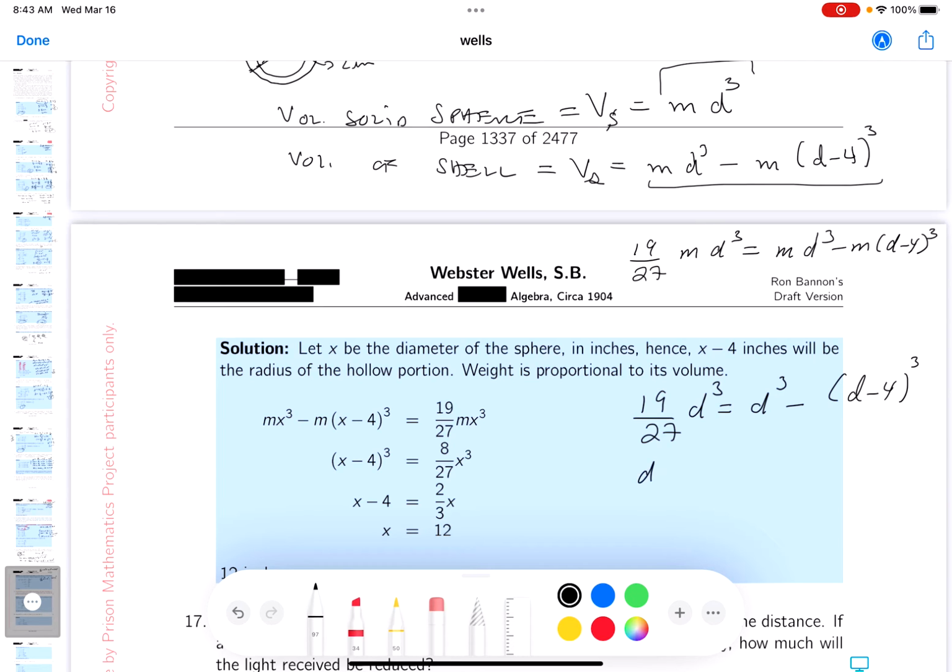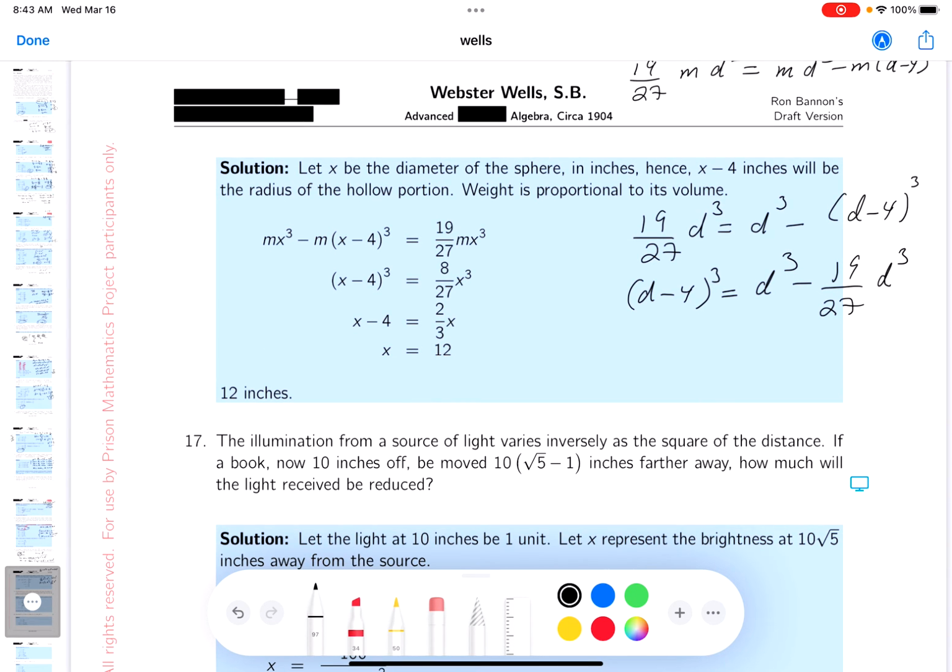I'm going to write down (d minus 4) cubed is equal to d cubed minus 19/27ths d cubed. And let's do this now. (d minus 4) cubed. Well, let's see what we get over here.